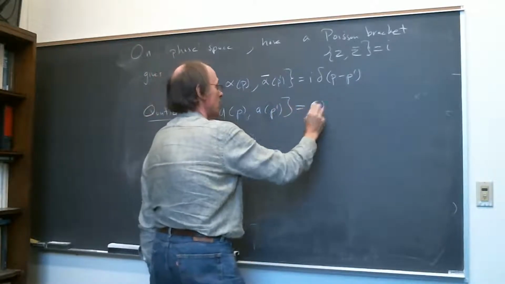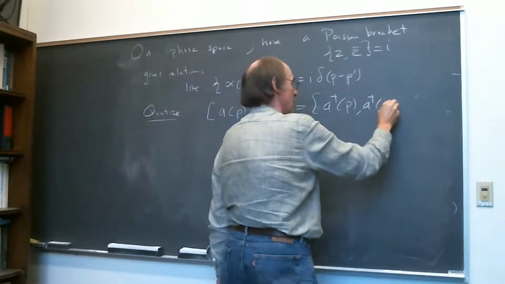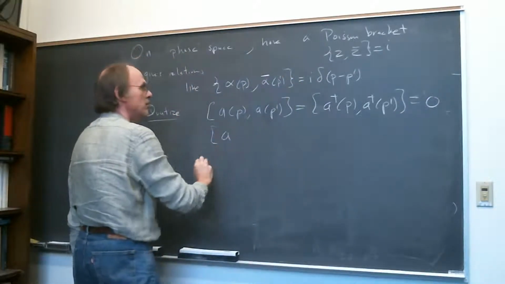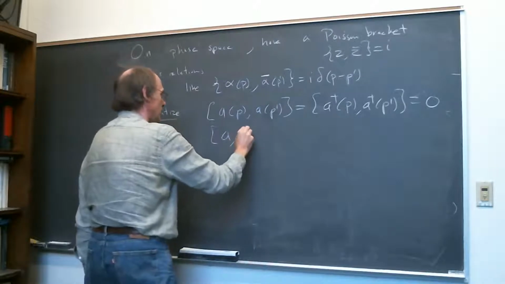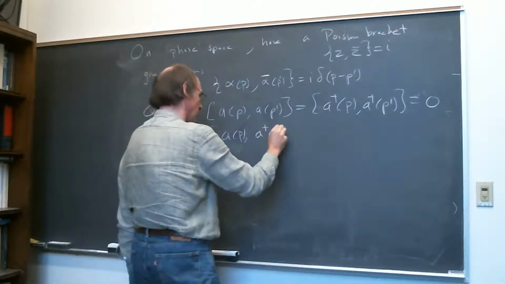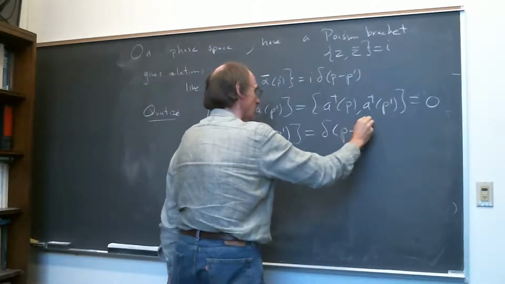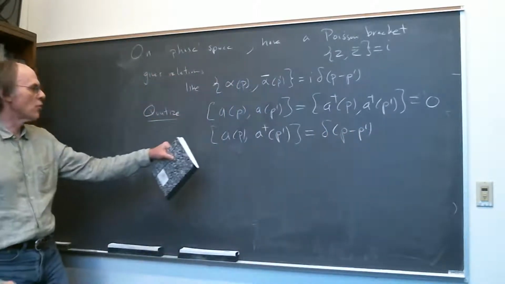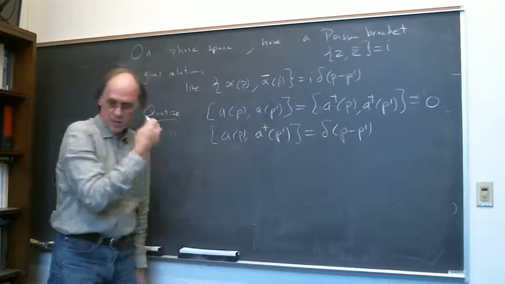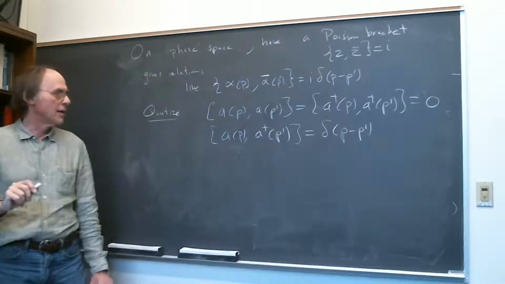So these operators are always 0. And the analog of this guy is A dagger. So when you quantize to go from these classical variables, there's always this factor of I and these standard conventions we're using.